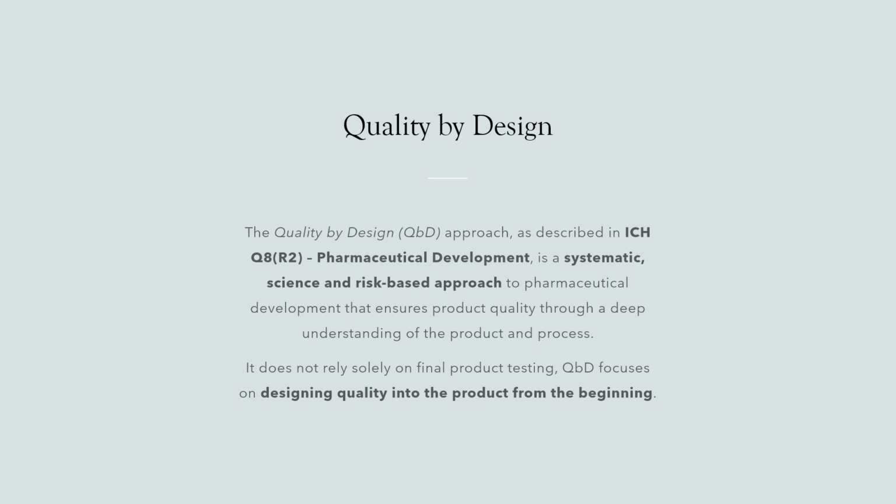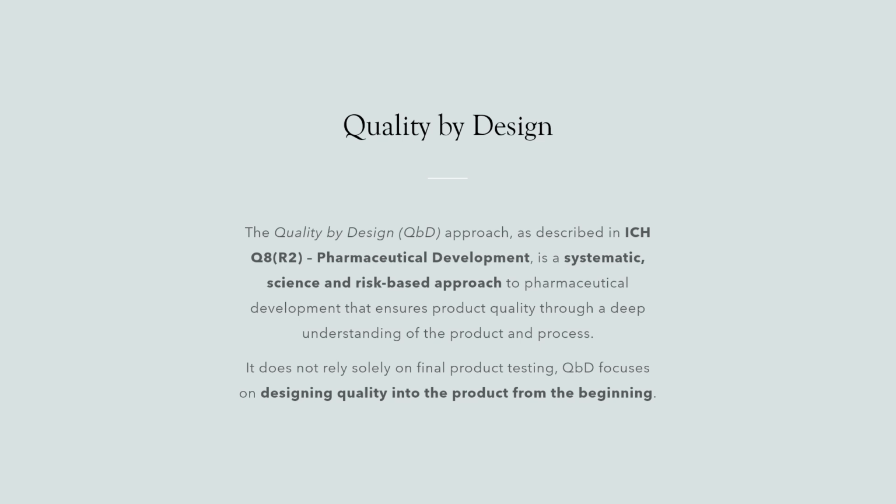And you are going to build that into your manufacturing process so that the reliance on testing the products after you've manufactured them is limited to just confirmatory, or you may even remove them altogether and replace it with real-time release testing.